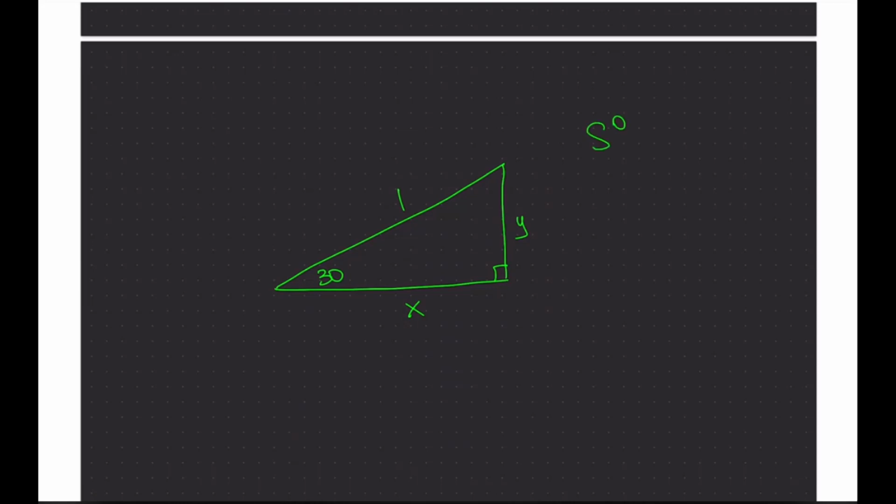So if we think of our SOHCAHTOA, right? Which one do we want to do first, X or Y? Y. You always go to Y, don't you? That's fine. So if I want to solve for Y, from 30 degrees, Y is my opposite, adjacent, or hypotenuse? Opposite. And I know the 1, which is across from the right angle.